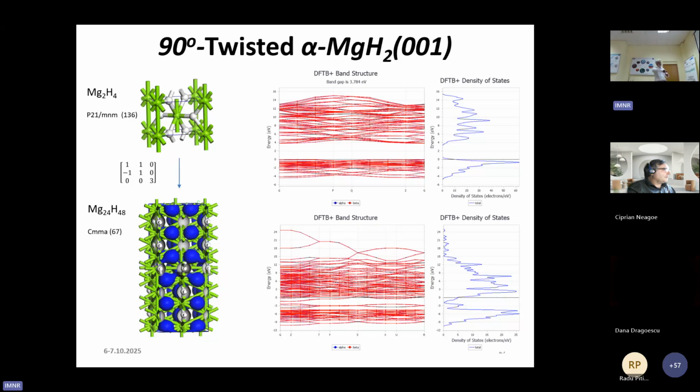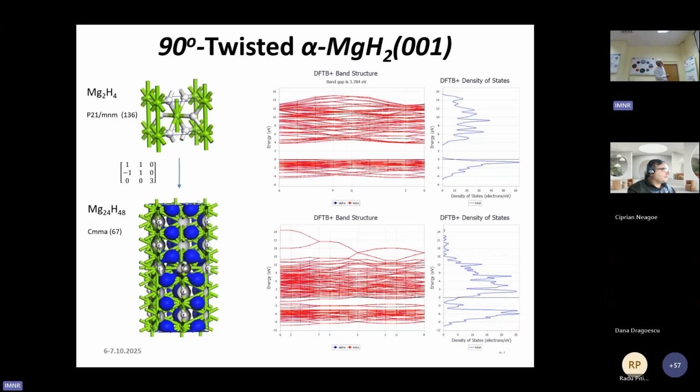So after creating of this grain boundary, we have enlargement of the bands, but also the band gap disappears here. So the system becomes a metallic one.